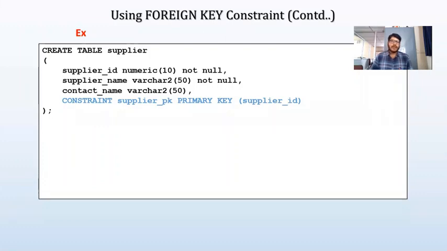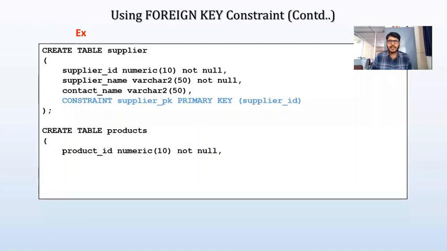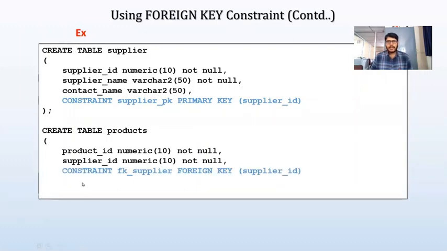And later on, I'm going to create the child table, that is the product table. Create table products. Again, specify the column definitions here: product ID, number, not null, supplier ID, not null. And here you can observe, I'm going to define a foreign key like this. How to define?